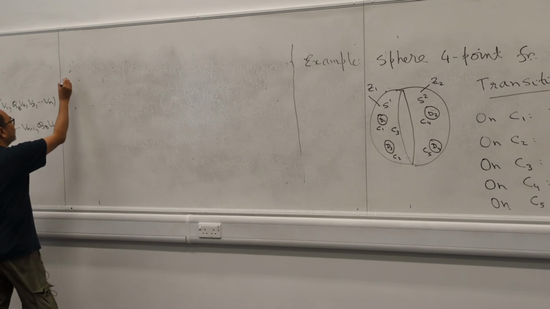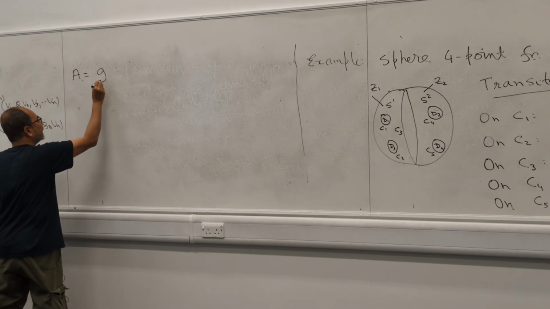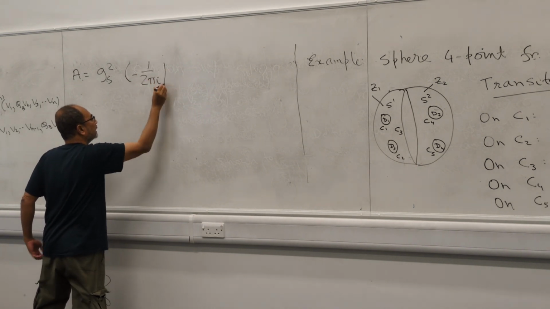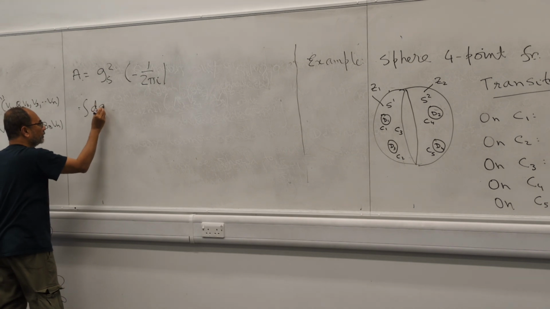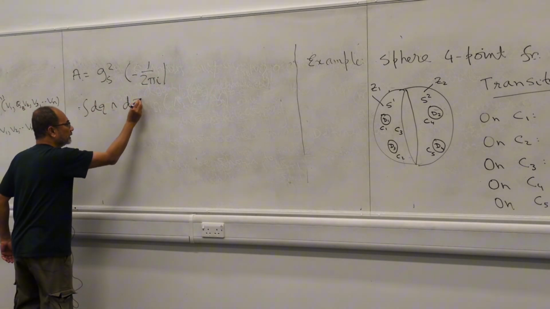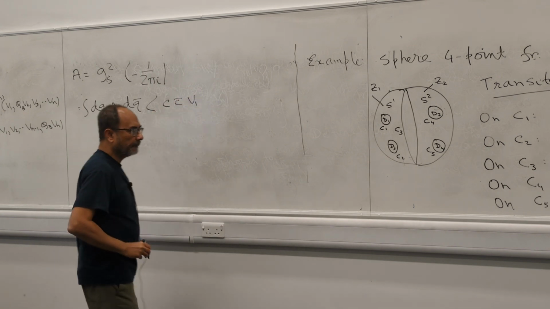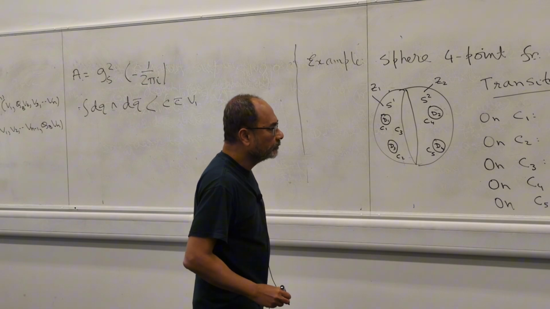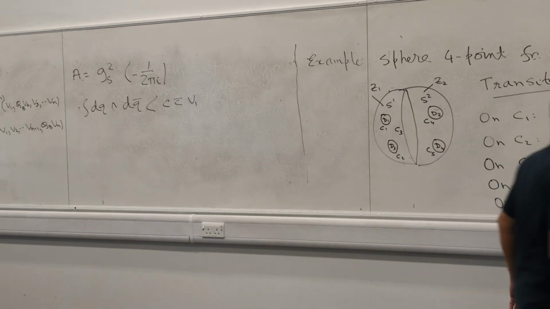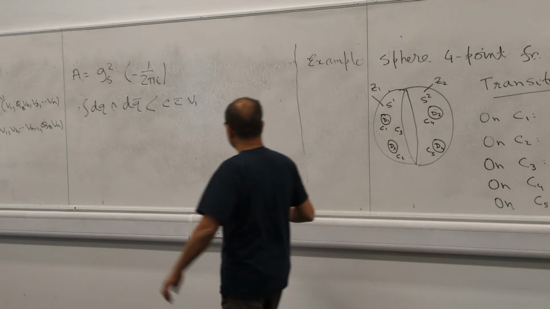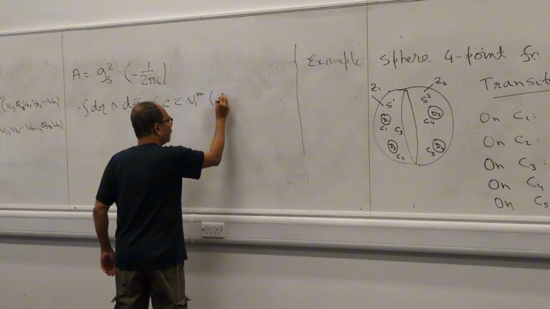So the amplitude is GS squared times minus 1 over 2 pi I, integral dq dq bar, CC bar V1 M. These are all M. Sorry, I should have written that. These are only matter parts, right? Because I have already extracted out the C and C bar. CC bar V1 M at 0.